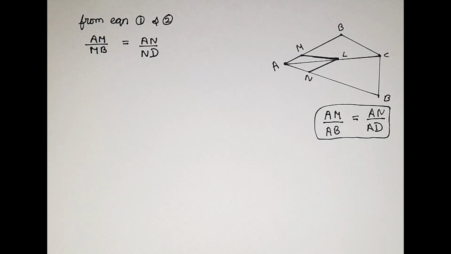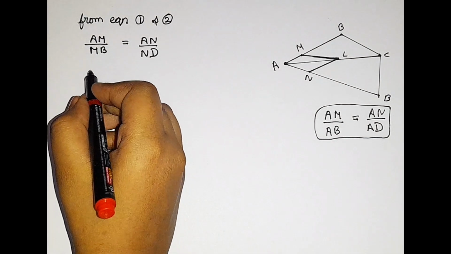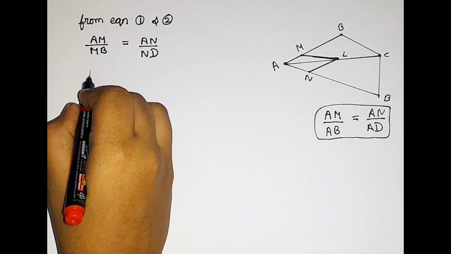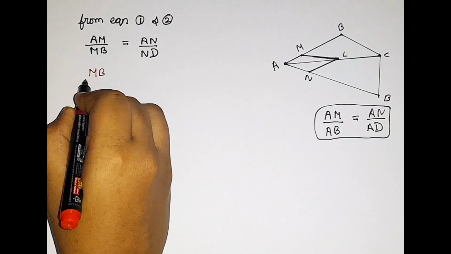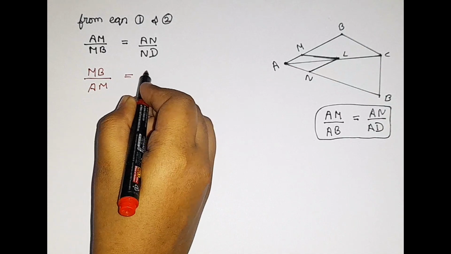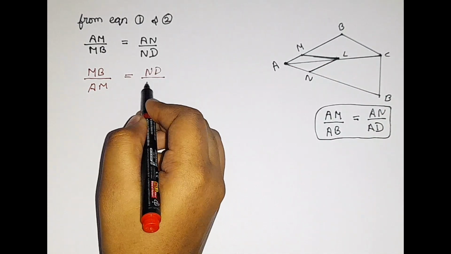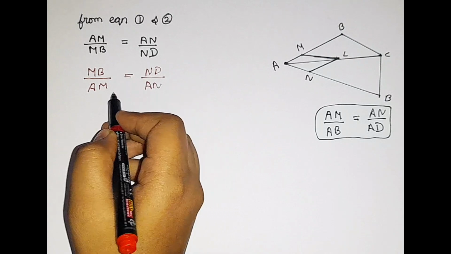So now we can just take reciprocal. When we take reciprocal, we get MB by AM is equal to ND by AN. So I just took reciprocal.